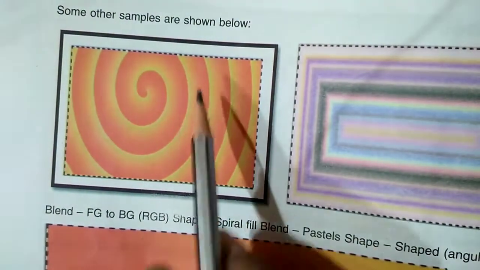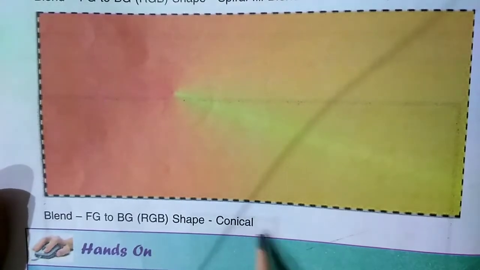Some other samples are shown below. Blend FG to BG, RGB, shape conical.